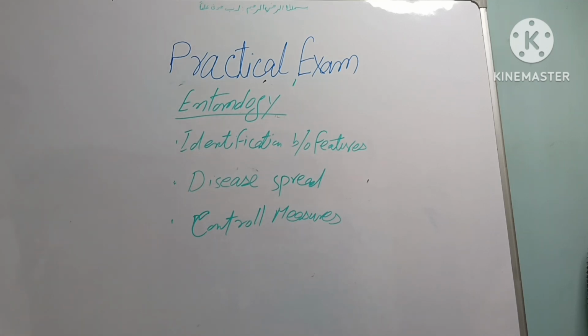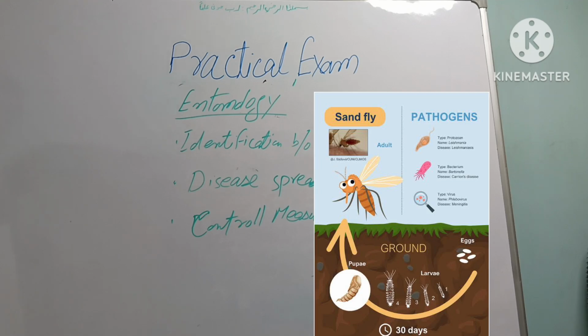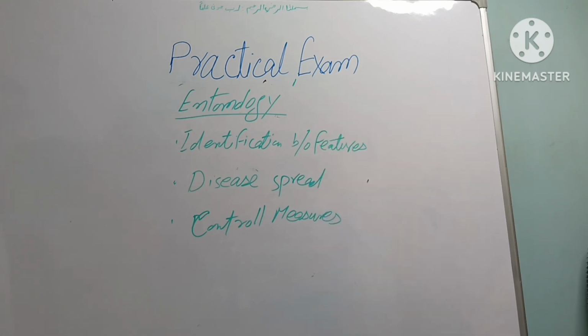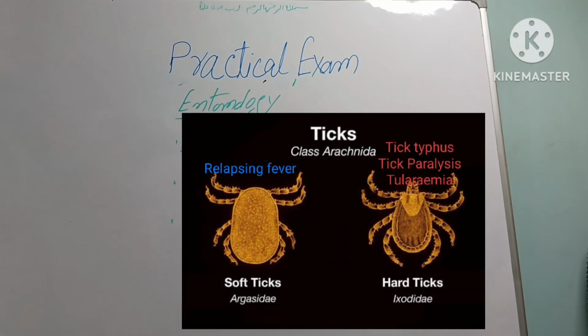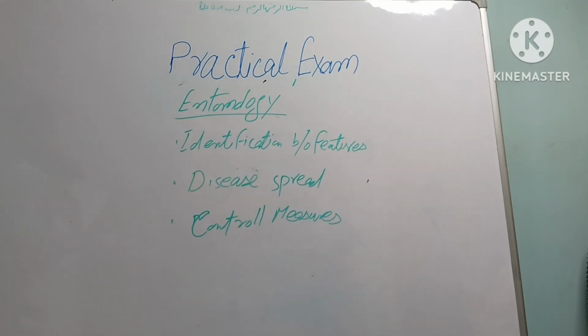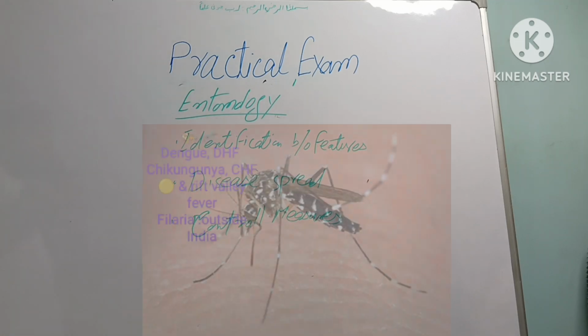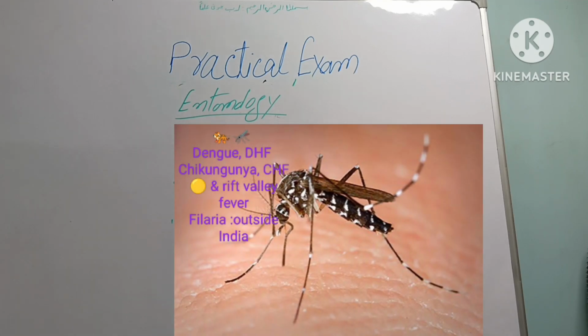Just like for example, the tsetse fly has the head, thorax and abdomen. In the same case, you will see sand fly, soft tick and hard tick have different features. Hard tick has a cuticle lining, but in case of soft tick, it is lacking. So you should identify based on the features, not just randomly, or because someone tells you that this is it. Okay, in the same way for the mosquito, you have the Aedes mosquito based on the marking.